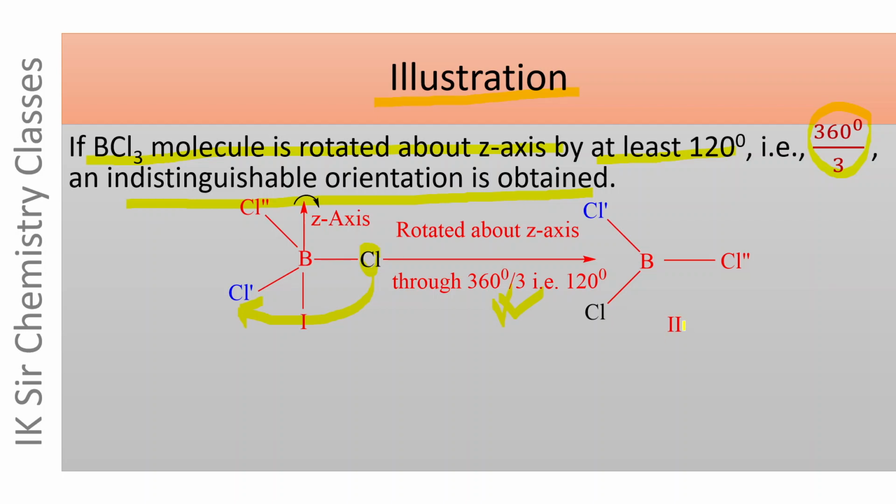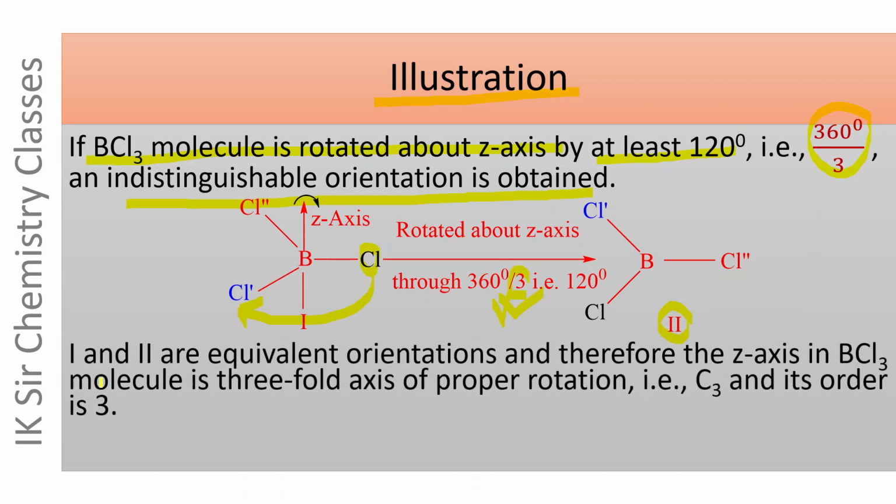The new orientation obtained too is indistinguishable from the initial one. Here the value of n is 3. 1 and 2 are equivalent orientations, and therefore the Z axis in BCl3 molecule is threefold axis of proper rotation. That is C3, and its order is 3.